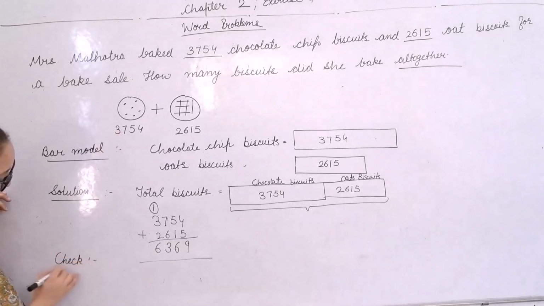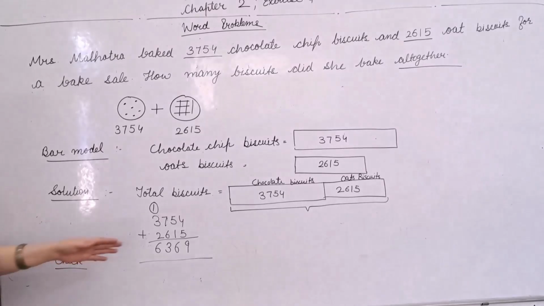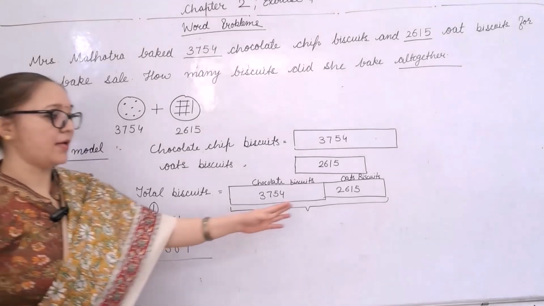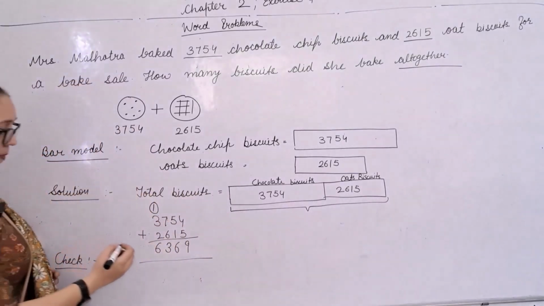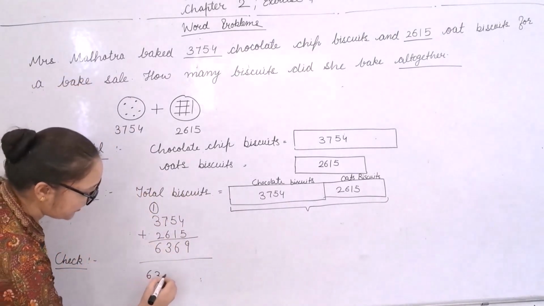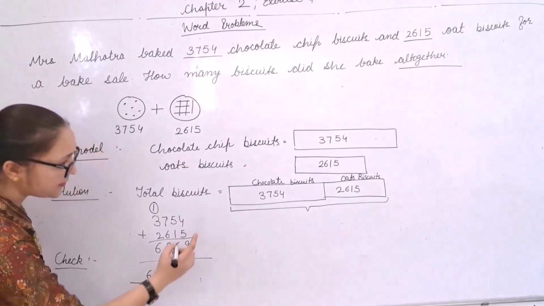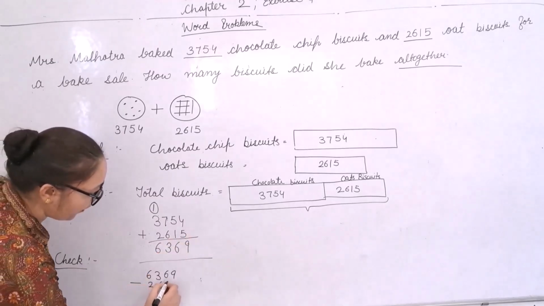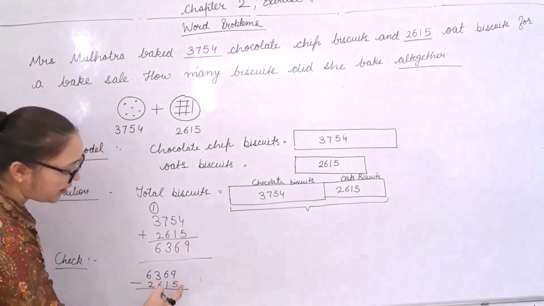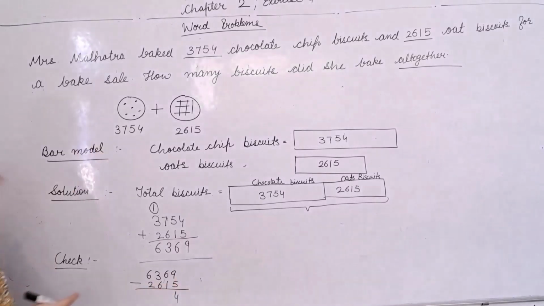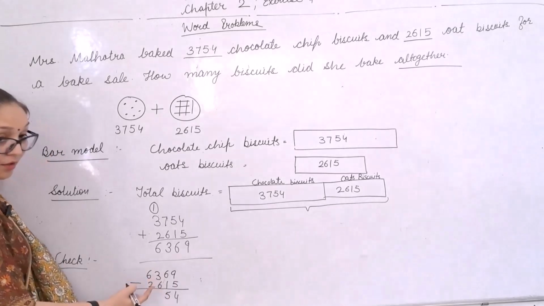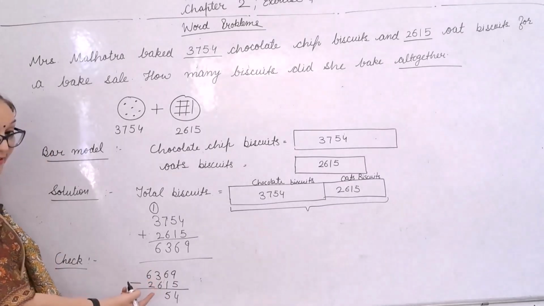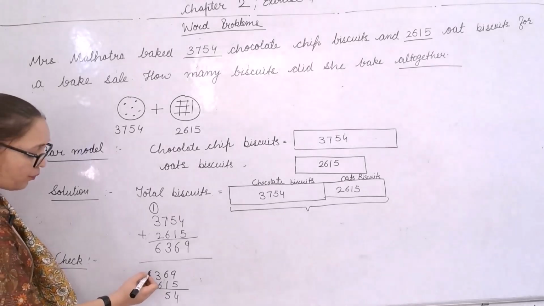Now let's check our answer. What will we do while checking the answer? From the total, we will deduct any one of these numbers. We will get the second number. Okay, 6,369 minus 2,615. 9 minus 5? 4. 6 minus 1? 5. 3 is smaller than 6, so what would we do? We would borrow.